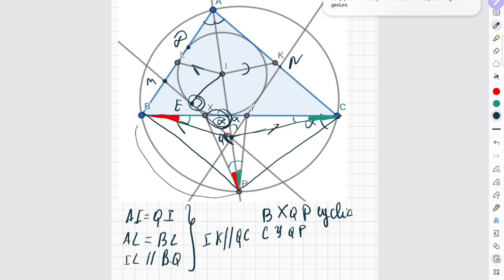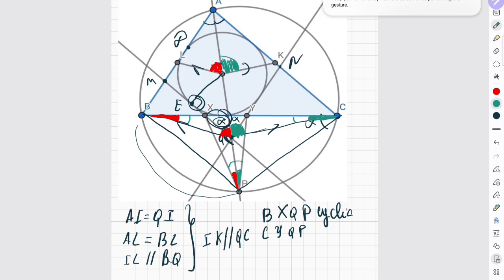It means that this angle here, I will use red color here, this angle here is the same as this angle here. It can be a little bit messy, but I hope you can see it. And this angle here, AIK, is equal to the angle AQC here.